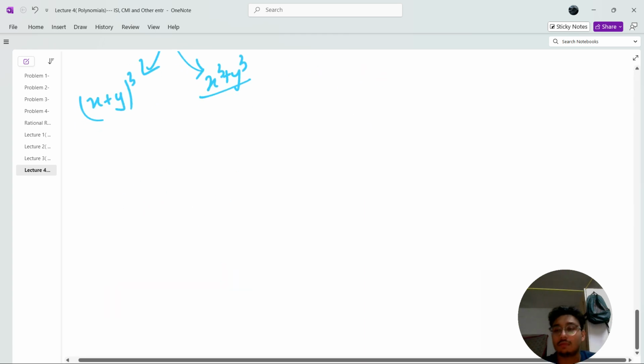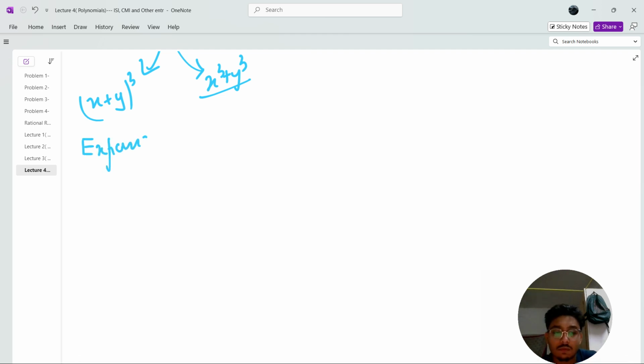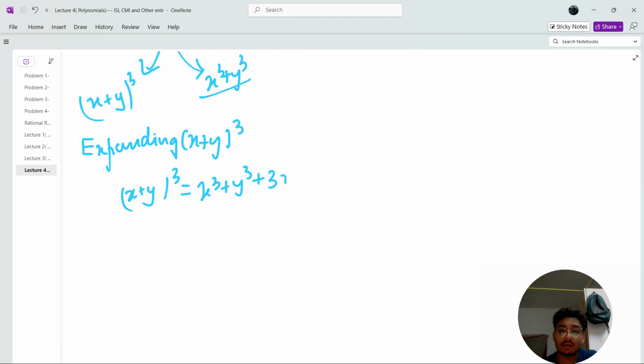So number one is expanding x plus y's whole cube. My x plus y's whole cube is basically x cube plus y cube plus 3xy into x plus y. This is our expansion of a plus b whole cube: a cube plus b cube plus 3ab into a plus b, or a cube plus b cube plus 3a square b plus 3b square a.